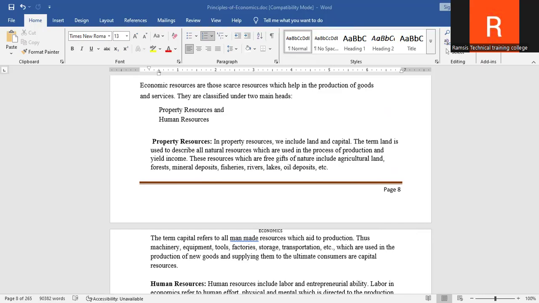Now, when you're talking about scarcity and choice, if the resources available are not enough to produce goods and services to satisfy all wants, then they are said to be scarce. That's what we mean by scarce.